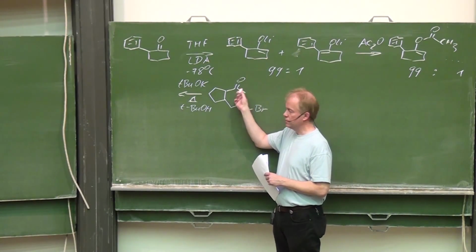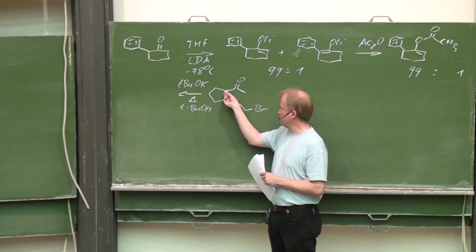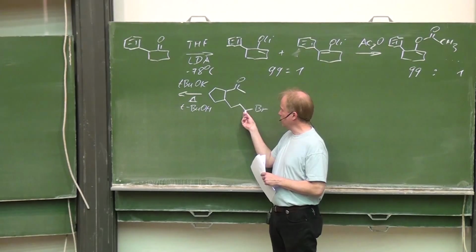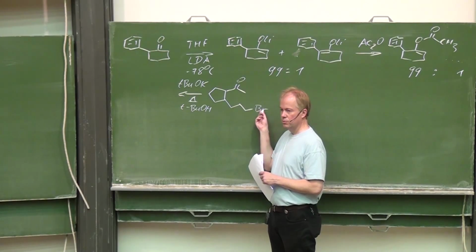Here is the nucleophilic carbon center that intramolecularly attacks the bromide.